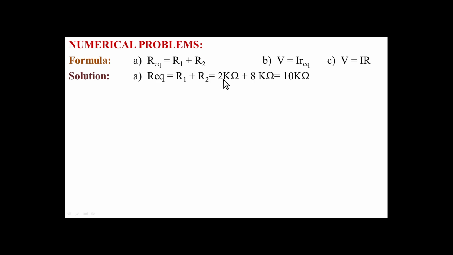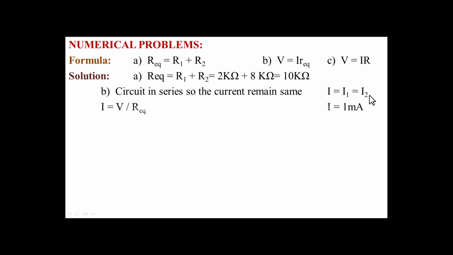Now to find the solution in part A, R equivalent is equal to R1 plus R2, that is equal to 2 kilo ohm plus 8 kilo ohm, that is equal to 10 kilo ohm. So the equivalent resistance is equal to 10 kilo ohm. Now in part B, the circuit is in series, so current is always the same. So I is equal to I1, that is equal to I2.